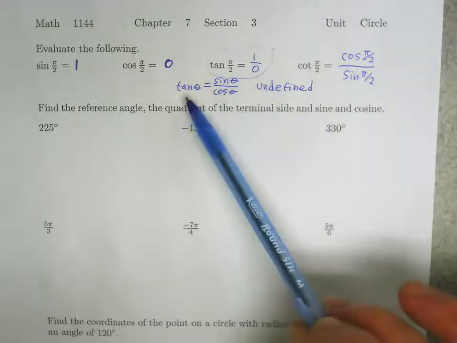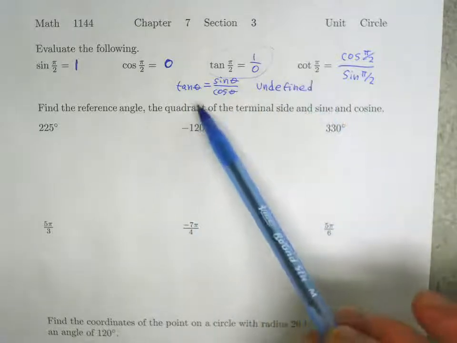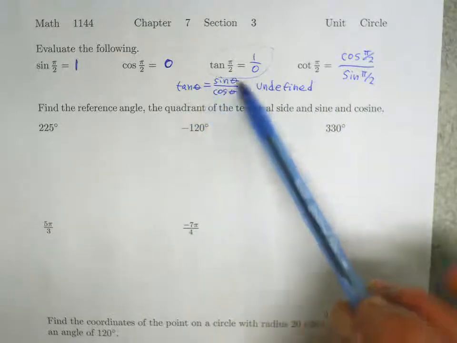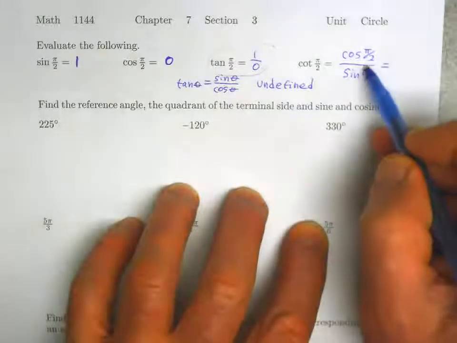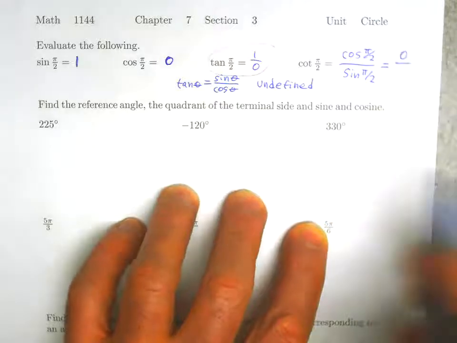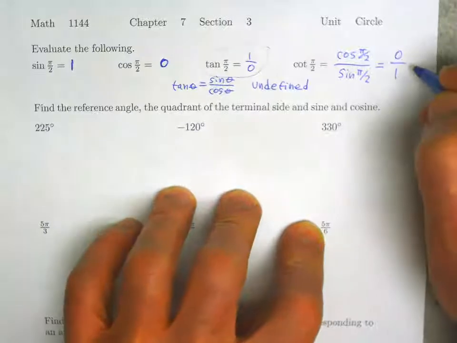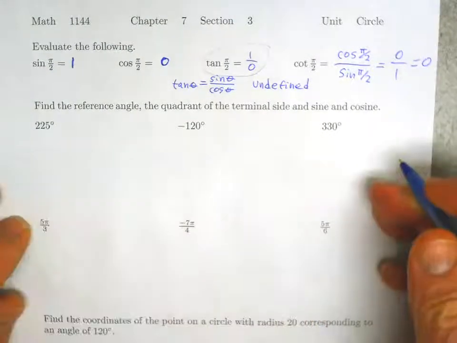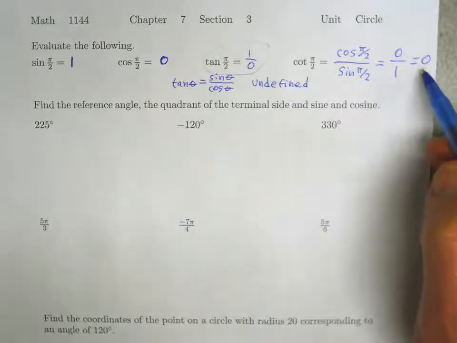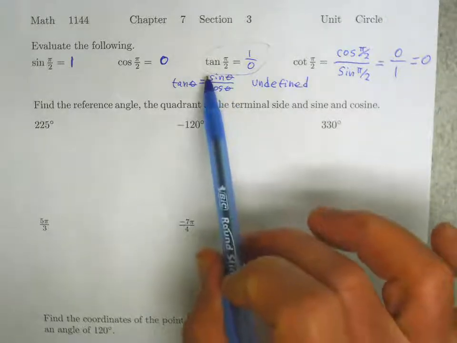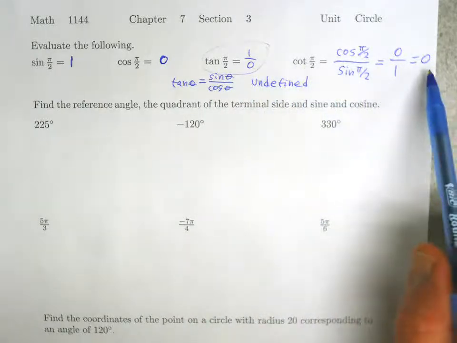Since tangent and cotangent are reciprocals of each other, then the reciprocal of tangent is what cotangent is. Well, cosine of pi over 2 is 0, and sine of pi over 2 is 1, and 0 divided by 1 is 0. So there's nothing illegal going on here. So although tangent of pi over 2 is undefined, cotangent of pi over 2 is equal to the number 0.